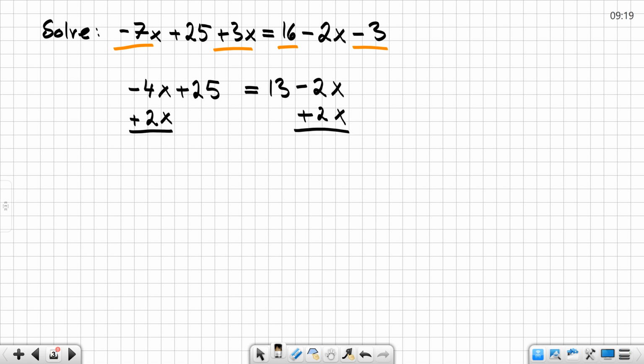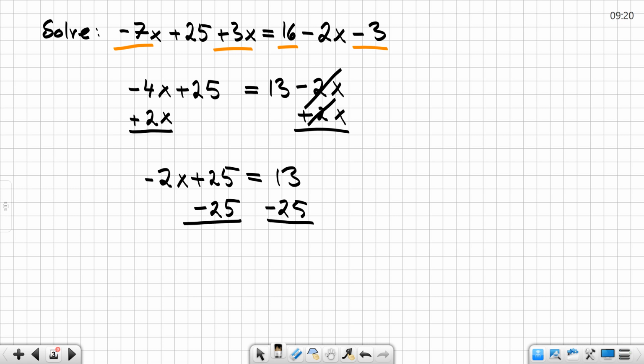I add 2x to both sides, and I'm careful here now with my signs. Negative 4x plus 2x, that is a negative 2x. On the right side, negative 2x plus 2x is cancelling out. And now I am taking my constant term, the positive 25.